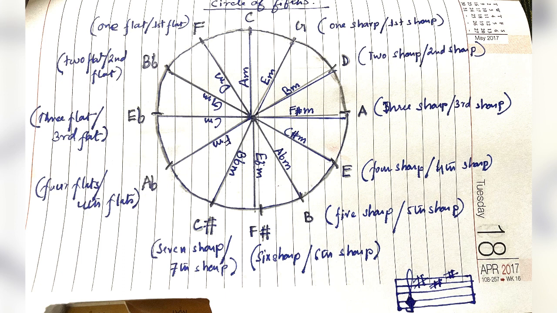Before writing the scales, we must understand the circle of fifths. This is the rule by which musicians communicate to fellow musicians. We don't just speak in any language. We speak in a musical language, and there are some rules that we need to abide by.